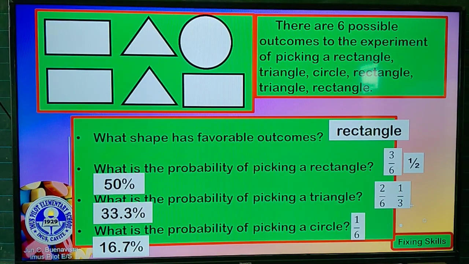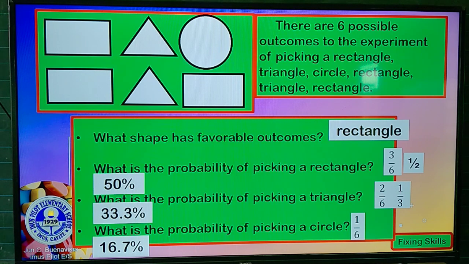If we are going to sum it up, 50% plus 33.3% plus 16.7% equals 100%. And also, 3/6 plus 2/6 plus 1/6 is 6 over 6, or 6 divided by 6 equals 1, and 1 times 100 is 100%.